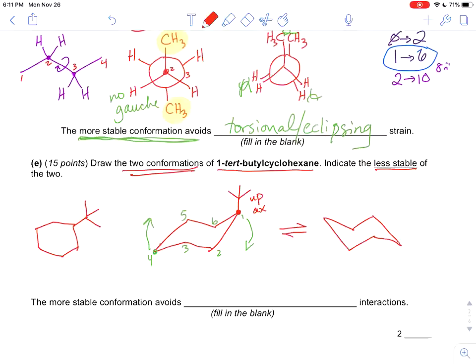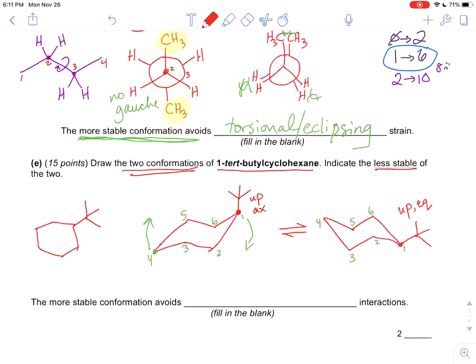So now our carbon 1 is pointed down, 2, 3, 4 is up, 5 and 6. Now we want to be very consistent to show the two conformations. So we still want our tert-butyl group to be up, but in any ring flip, any axials go to equatorial. So here we go. This is our tert-butyl group now pointing up and equatorial.